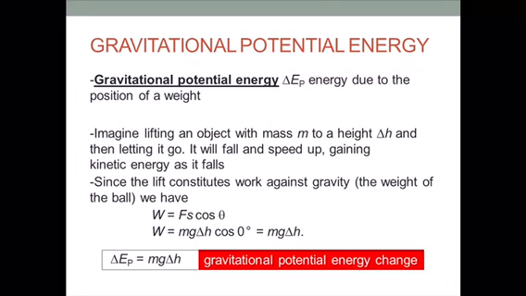Theta in this situation is 0 as force and displacement are in the same direction. Force in this situation is the weight, which is denoted as mg, and the displacement we know is delta h, which gives us work equals mg delta h, which is the formula for gravitational potential energy.